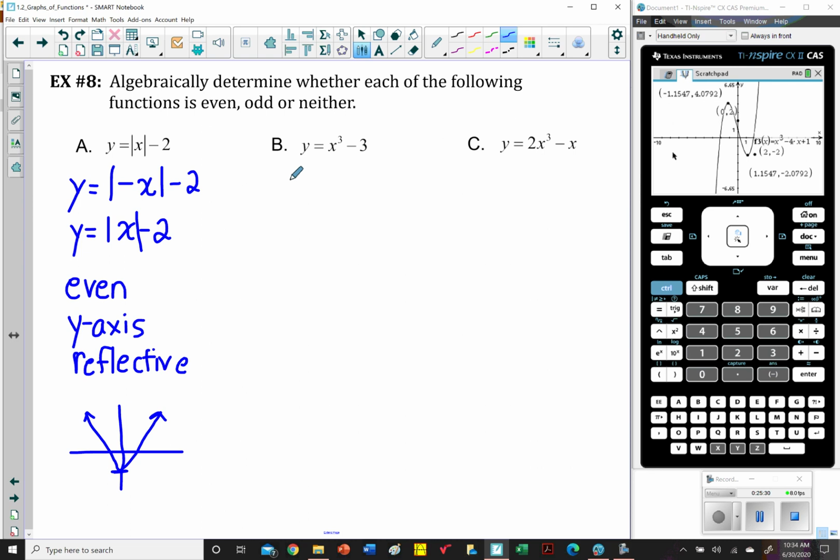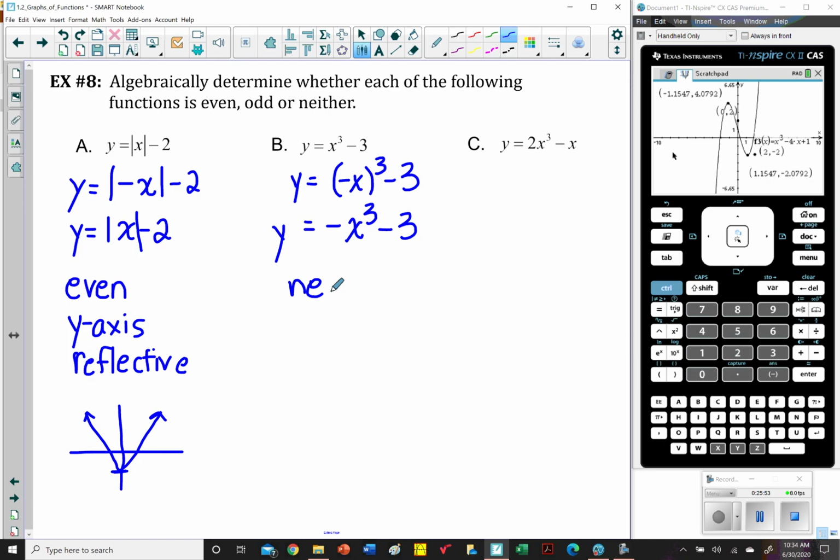Now x cubed minus 3, we're going to do the same thing. Take the x out, substitute the opposite of x in, and think about the process and the math. If I have a negative number and I cube that, I'm going to end up with a negative value. And this is not the same, and it's not the opposite.